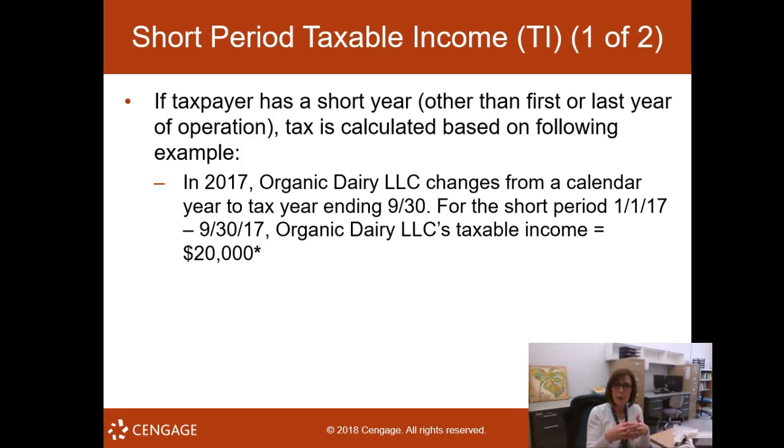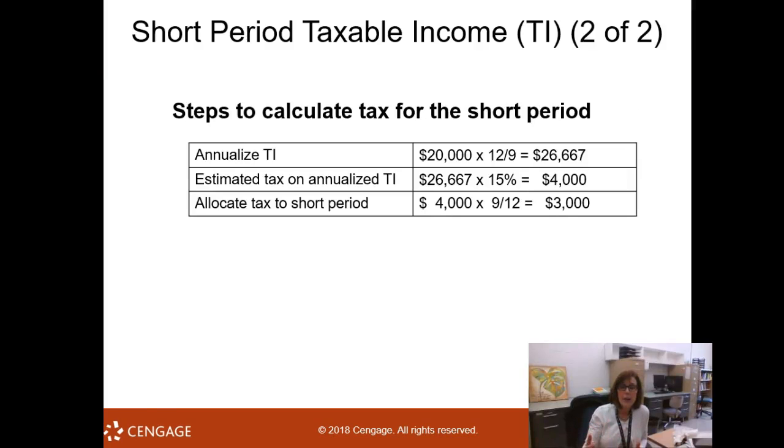So they're going to declare a short tax year from January 1st of 2017 to 9/30 of 2017 so that they can now sync up, and going forward they will go from October 1st to September 30th. And for a variety of reasons, for certain businesses, that's what may make sense to them.